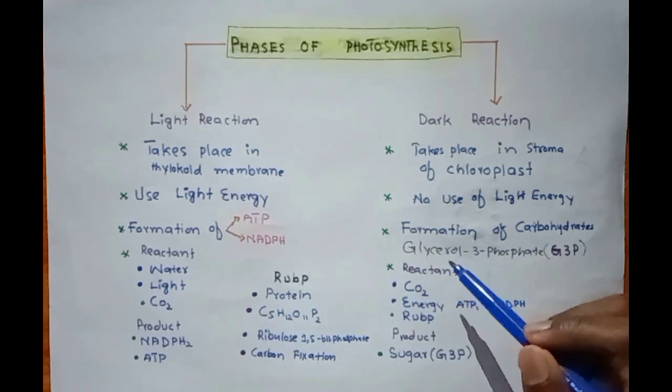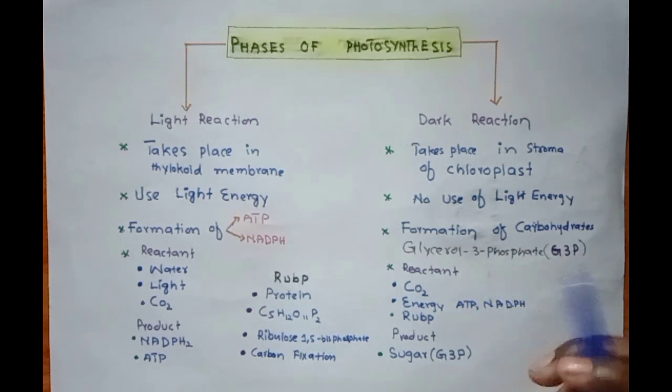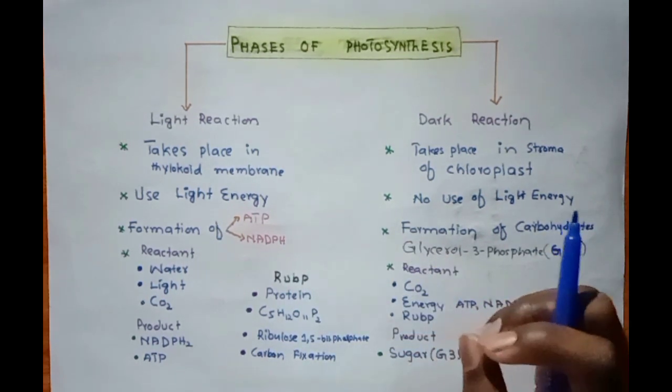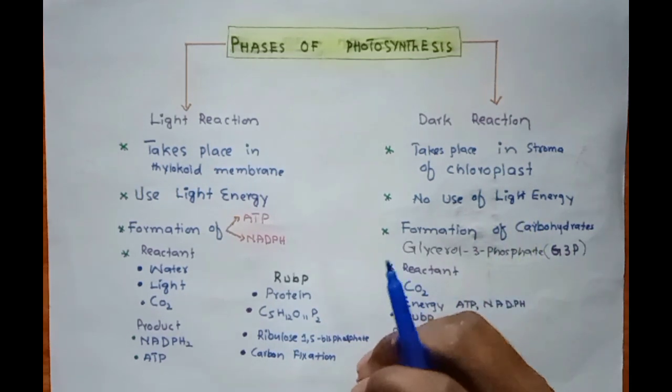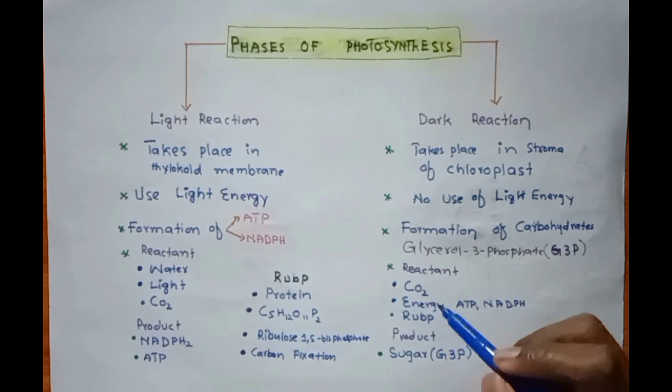The reactants of the dark reaction are carbon dioxide and energy. That energy, ATP and NADPH, comes from the light reaction. When the light reaction makes ATP and NADPH, that energy is utilized in the dark reaction with the help of RuBP, a 5 carbon compound.